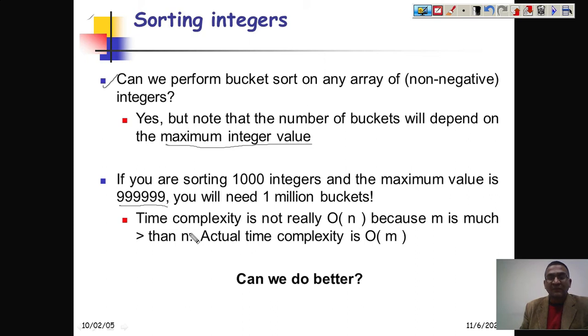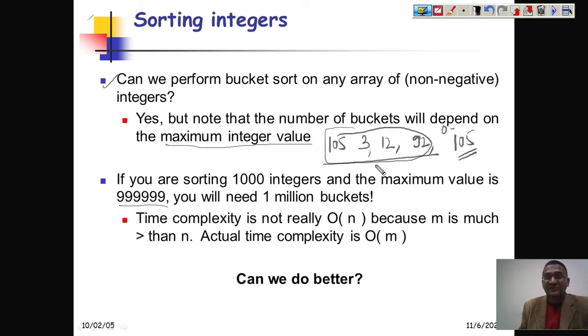What does it mean? Let's say I am going to sort 3, 12, 92, 105. You can see these are four numbers, but if I want to sort them using bucket sort, then I need 105 buckets. Buckets from 0 to 105 are required to sort only four numbers.